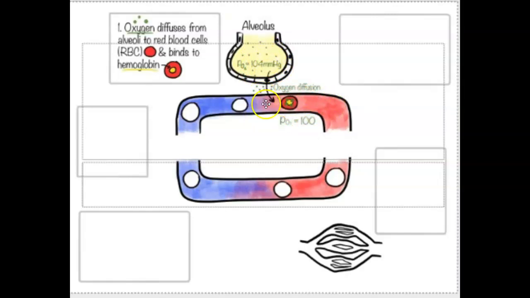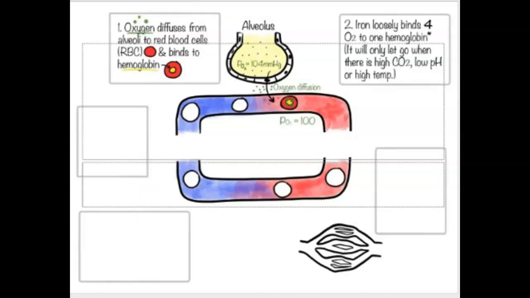When that oxygen enters the blood vessel, it's going to combine with red blood cells, and specifically on a red blood cell there is a molecule called hemoglobin. Every single hemoglobin molecule has an iron on it, and that iron will combine with or pick up the oxygen.